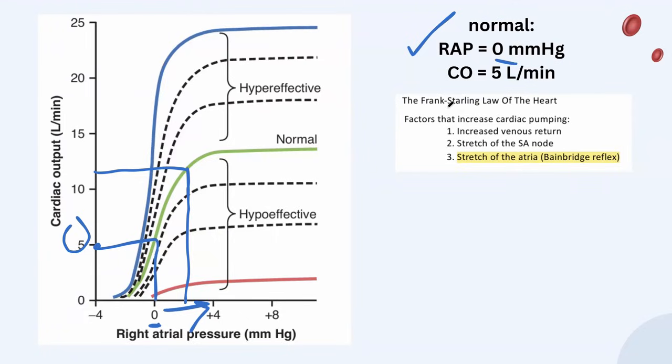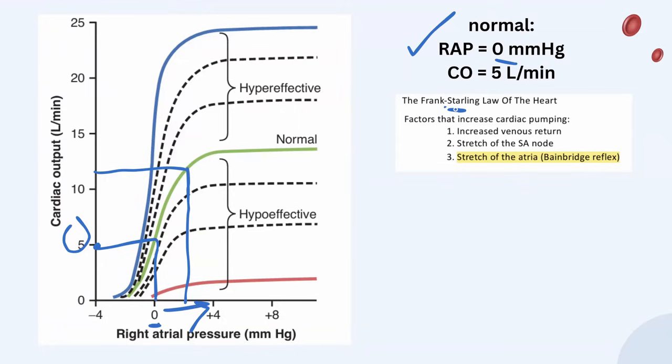First of all, you have the Frank-Starling law of the heart. The Frank-Starling mechanism is that when you have increased venous return, that means a lot of blood is in the vena cava. All of that blood is going to the right atrium, which stretches. All of that blood is going to be pumped into the right ventricle. The right ventricle walls are going to detect the stretch.